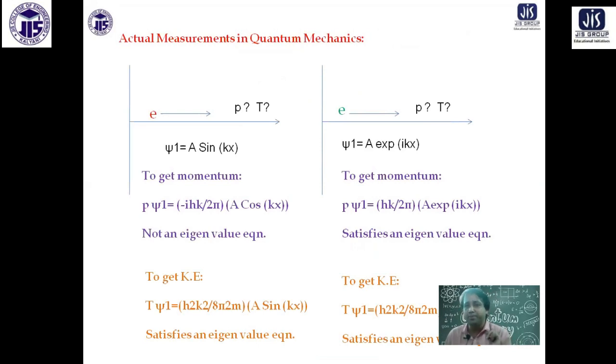If an operator P or T, where P is connected to momentum and T is connected with kinetic energy, acting on the function gives you back the function multiplied with a constant, then measurement is possible, and you satisfy an eigenvalue equation. The constant appearing on the right hand side is the measured value, and the function is called the eigenfunction of that operator. This e to the power ikx shown there is an eigenfunction of both T cap and P cap. You can see they are satisfying the eigenvalue equation in both cases.